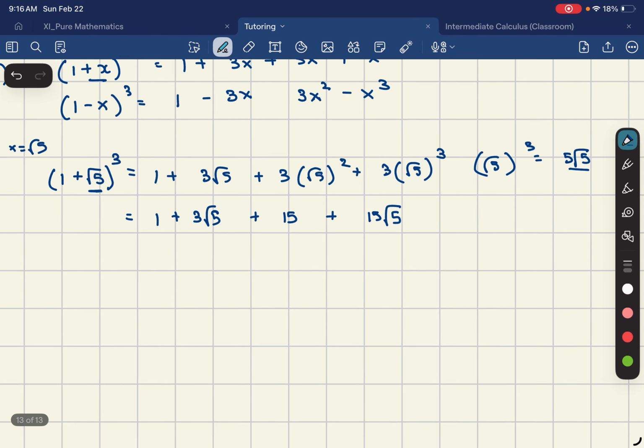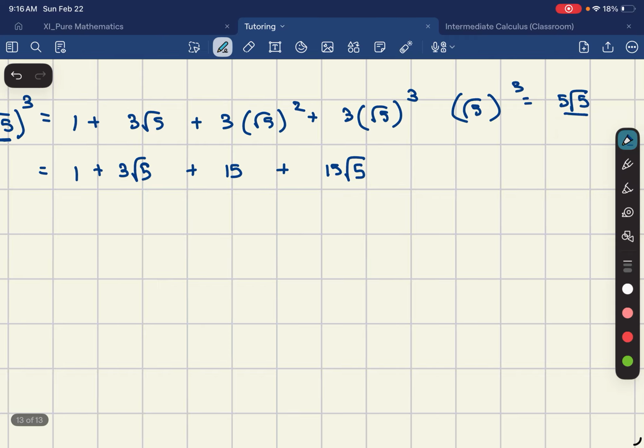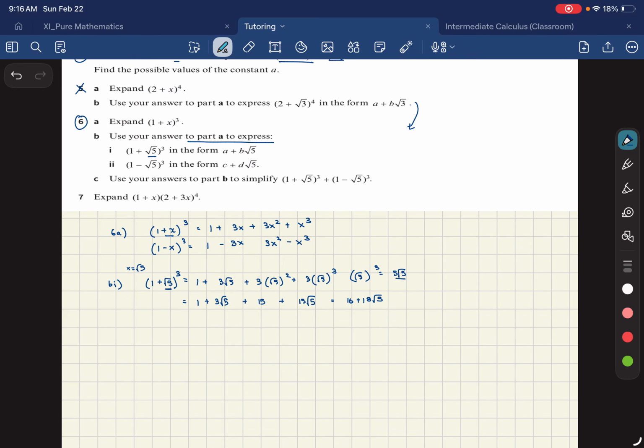So we have this. So this simplifies to, now again, before I add everything up, of course it's going to be 16 plus 18 root 5, right?